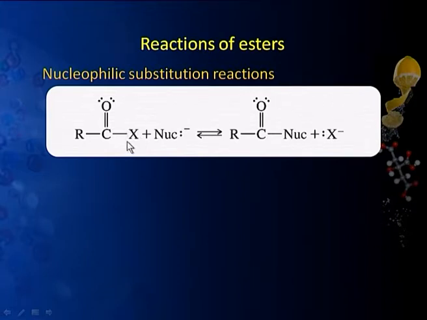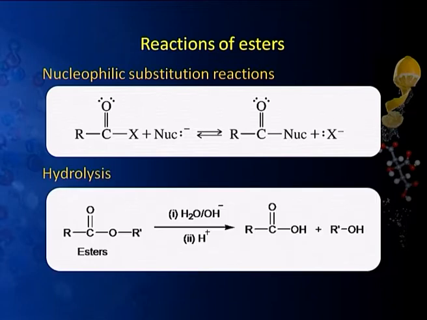So in the reactivity series of these acid derivatives, as I discussed earlier also, esters are less reactive than anhydrides and acid chlorides. So they cannot be converted into acid chlorides and acid anhydrides. They can be converted into amides or they can be hydrolyzed into corresponding acids. So let us start with the hydrolysis reaction.